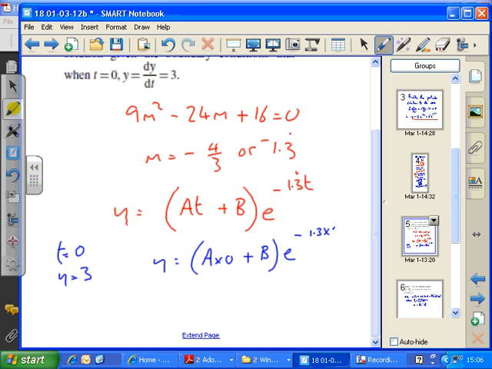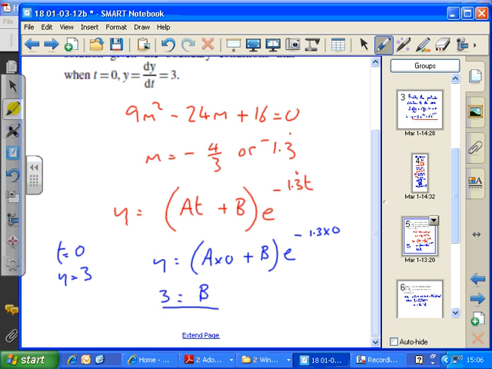So in other words, y equals b. And y equals 3, so b equals 3. So much quicker this way. Immediately we know what b is.